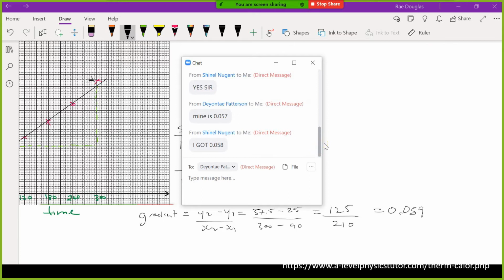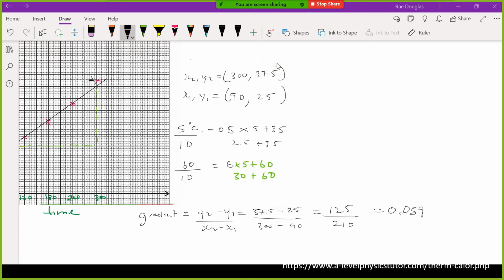Having said this, I want you to see something here, because this is what is going to assist us in the next part of the question. This gradient, y2 minus y1, is basically your change in temperature divided by time.